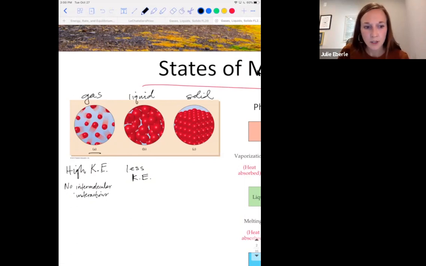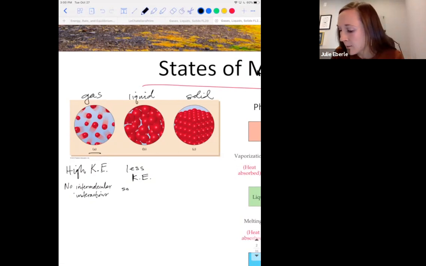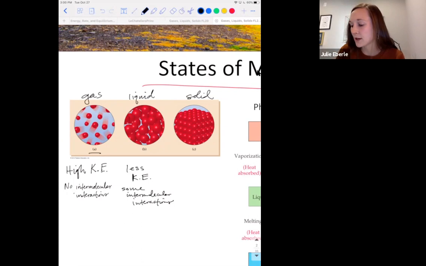Some. Dakota says some. I agree. It's more interactions than gases, but not as much as solids. So we'll say some intermolecular interactions. All right, some intermolecular interactions.